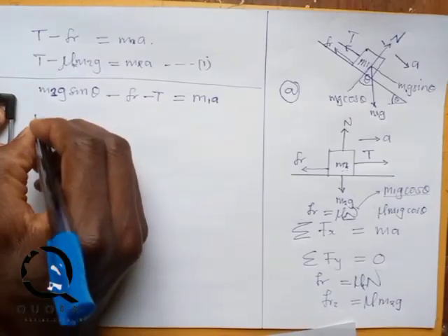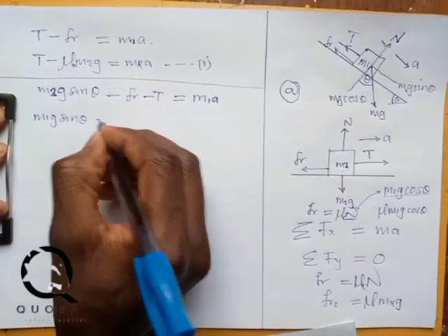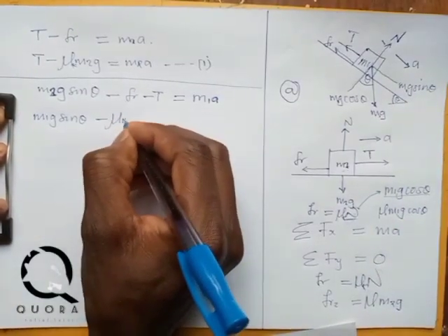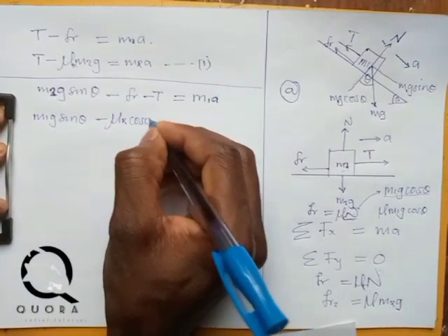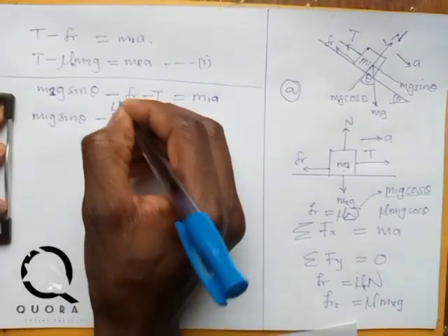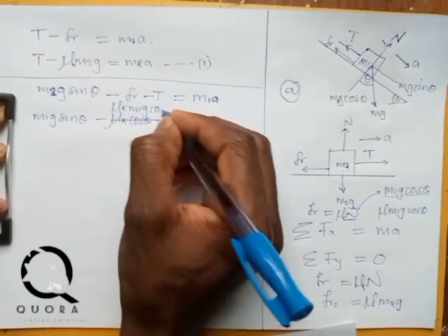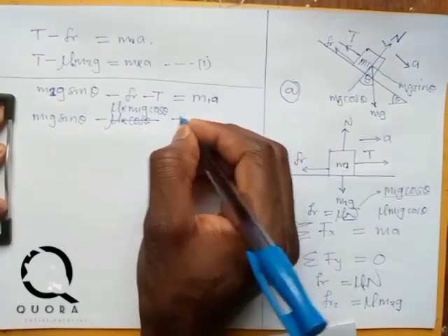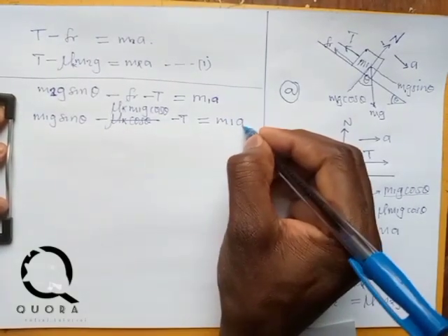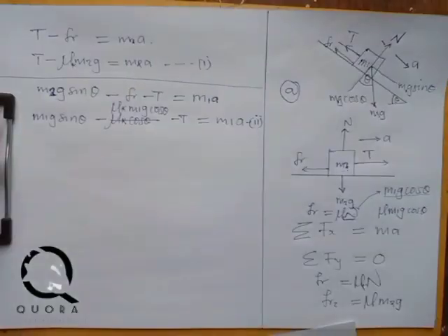So we are going to write it like this: M1 G sine theta minus the friction force, mu K M1 G cos theta, minus tension. This has to be equal to M1A, and this qualifies to be our second equation.